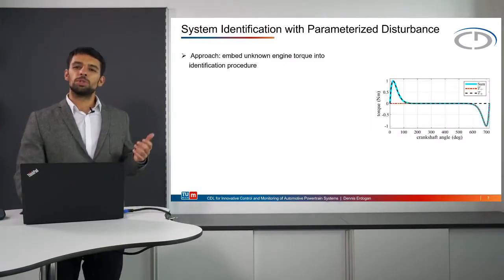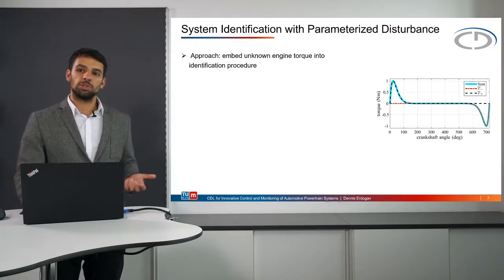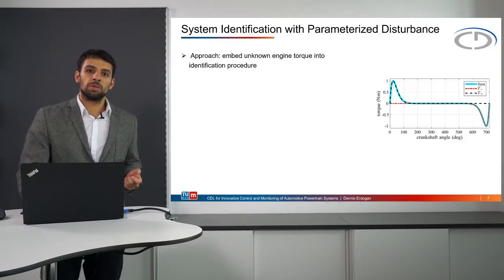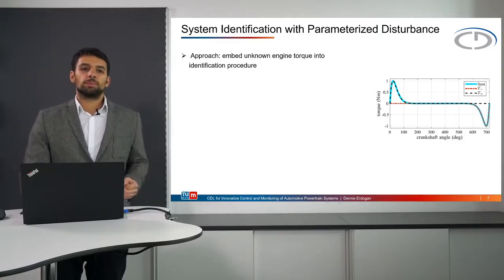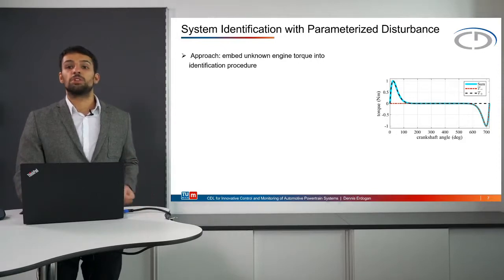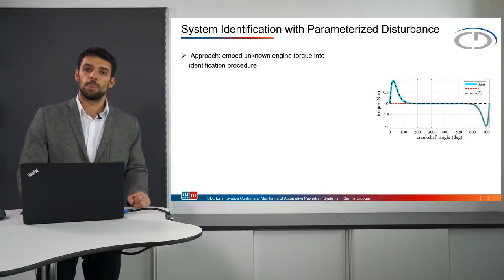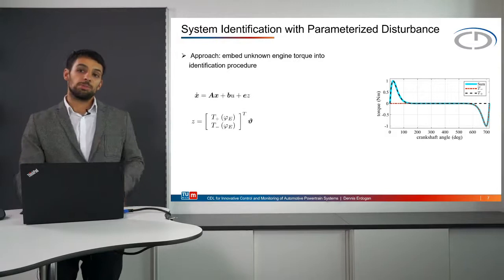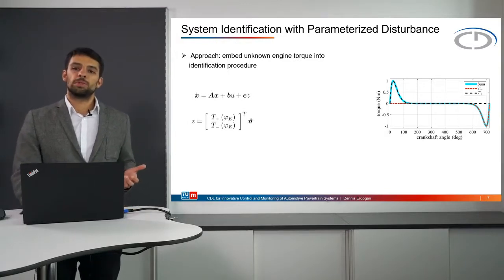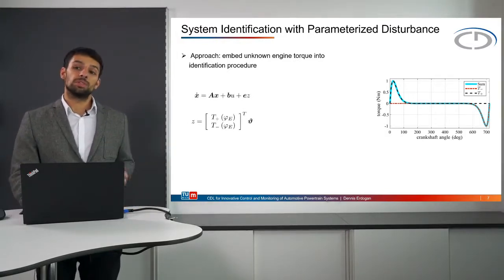The approach for accounting for the combustion torque that affects the system identification is to embed the unknown engine torque into the identification procedure. The system can be represented by a linear state space system with C denoting the engine torque.